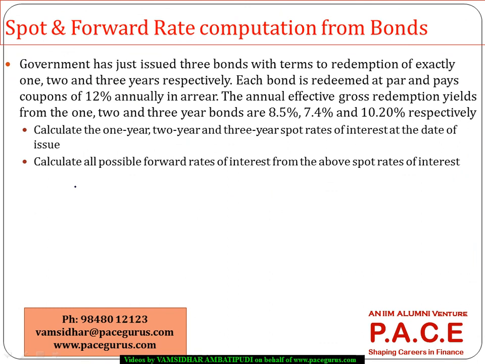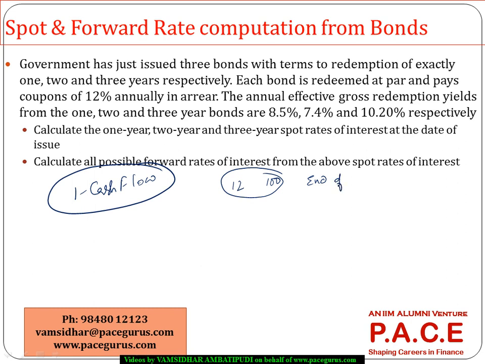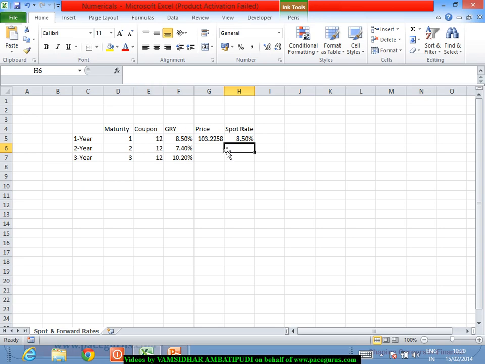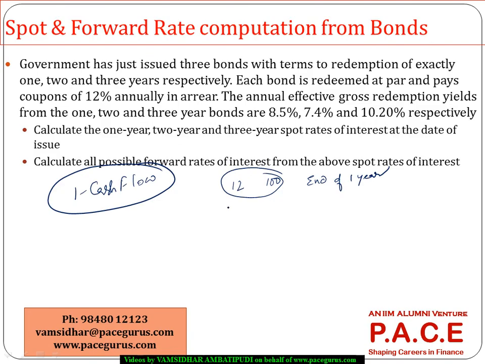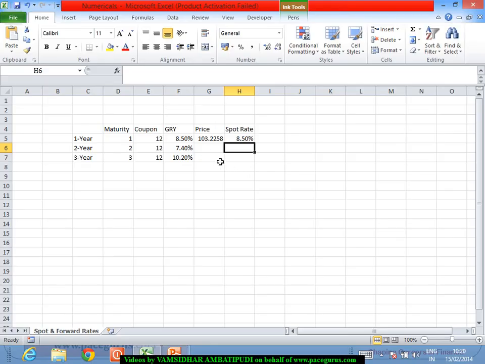For that 1-year bond there is only one cash flow: all the 12 coupon plus 100 face value are paid at one point, the end of 1 year. There is no second cash flow. So where there is only one cash flow, the spot rate will be equal to the gross redemption yield. That is what we are seeing in this case. Whereas when it comes to the 2-year bond, that is where the difference comes.